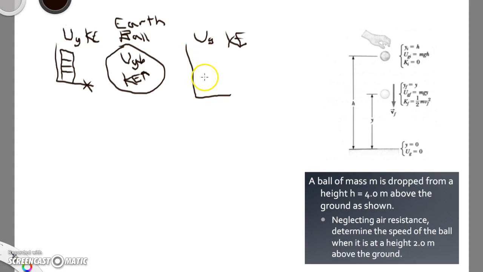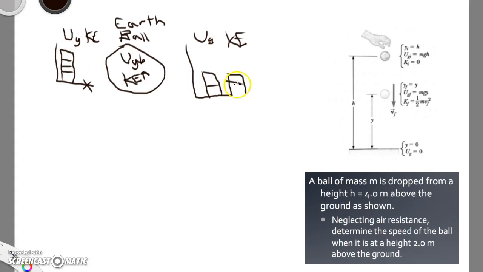At this point it still has height, so it still has gravitational potential energy. We'll give it 2 boxes of that, and the other 2 boxes go to kinetic energy.